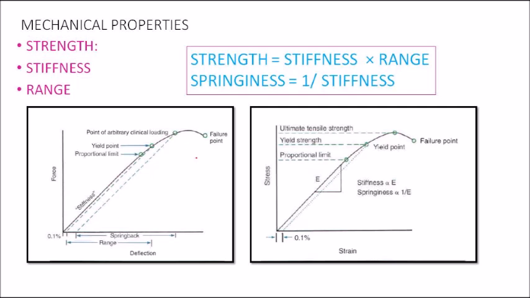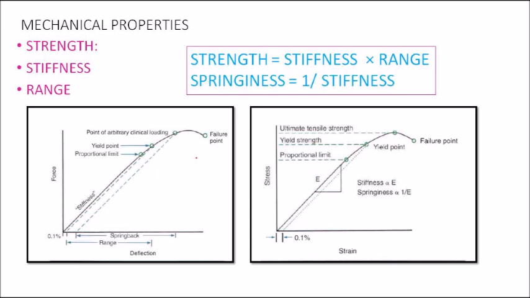So please look at the graph: till the yield point the range is noted. It's the distance along the x-axis to the point at which permanent deformation occurs, and the yield point is the point at which 0.1% permanent deformation is occurring.